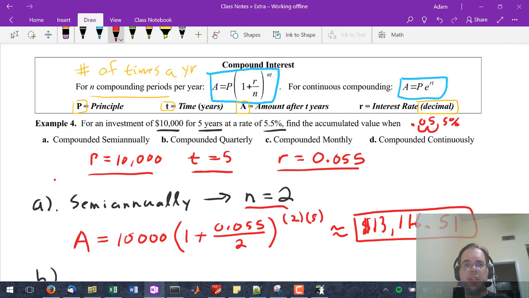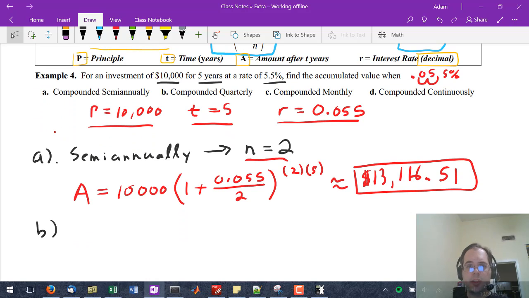Okay, so that would be the amount that has been earned, or I should say, the amount that's in the account after 5 years. So you can see that it's grown from the 10,000 to 13 and something thousand because of the compound interest. Okay, and then quarterly.